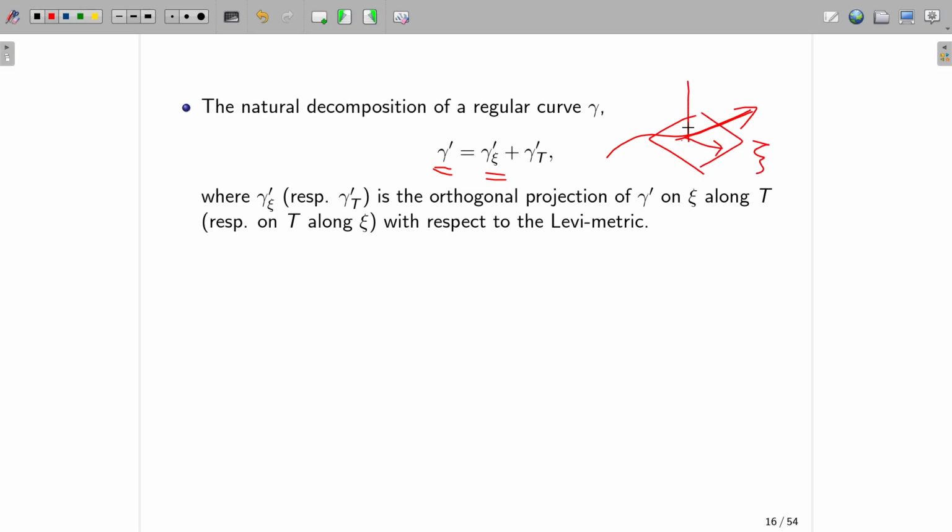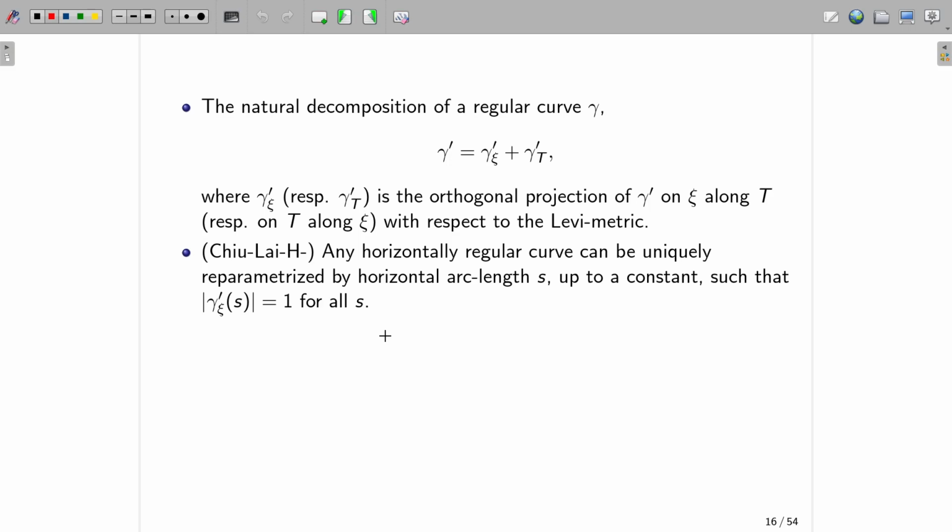The other is along the T direction, which is the partial z. Because T and the contact plane are perpendicular to each other, we have an orthogonal decomposition with respect to the Levi metric.